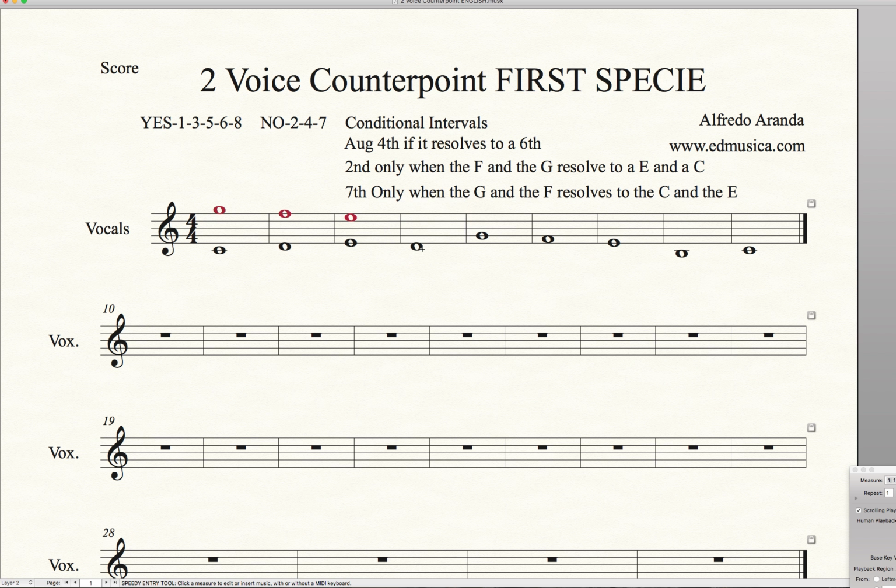The E goes back down, then I'm gonna go up, because if I do go down, it's bad. I'm gonna show you. The D, that makes parallel octaves. So I'm gonna move it in contrary motion, and then I'm gonna go down again. Okay, I'm gonna write something right here.